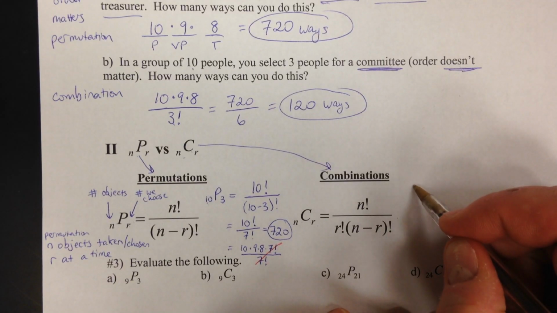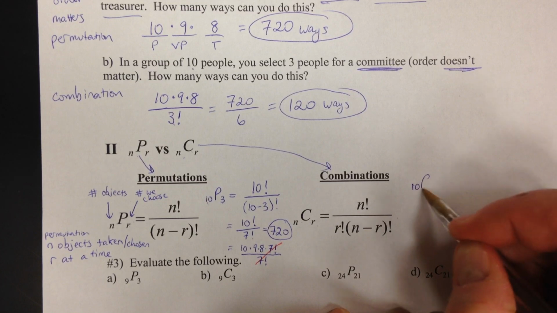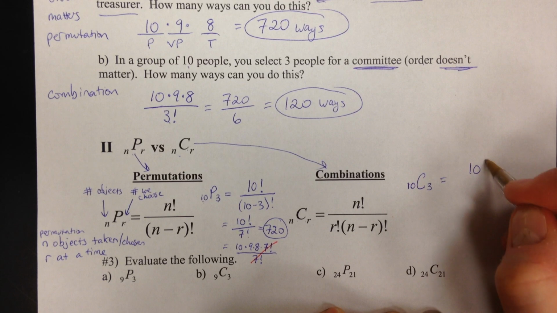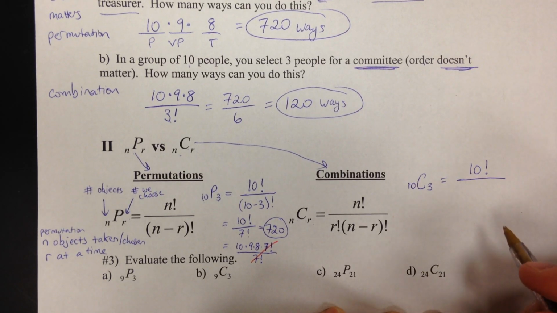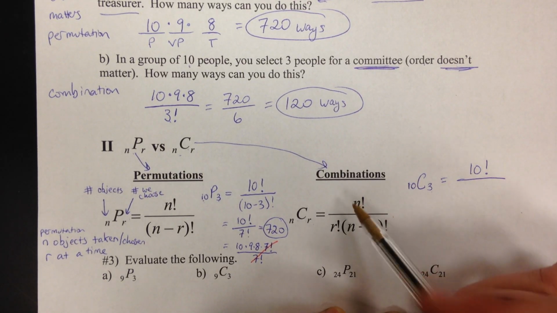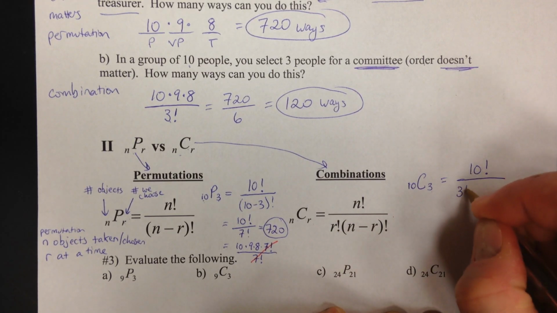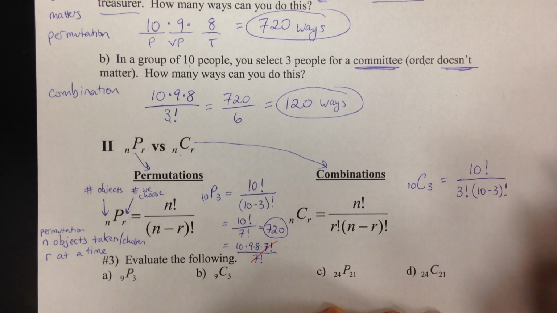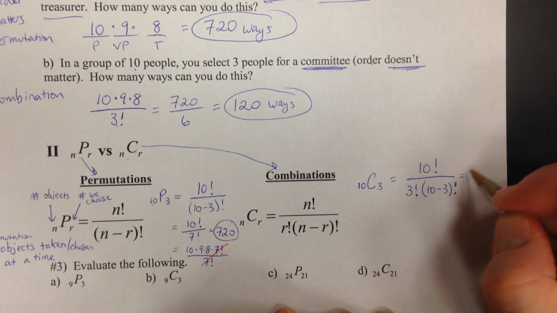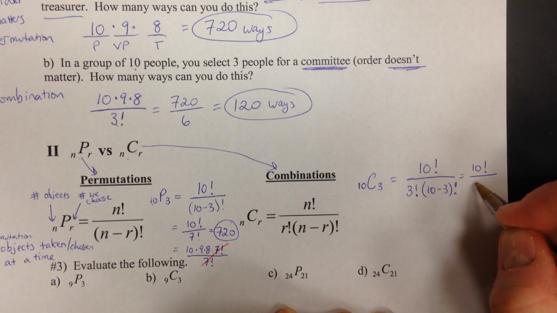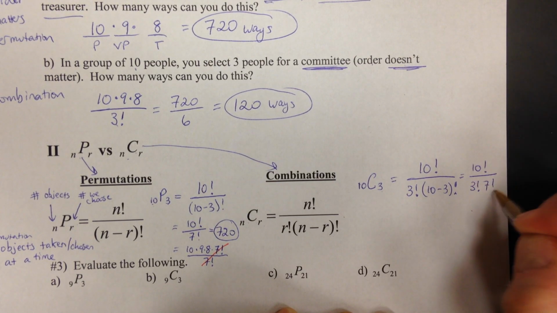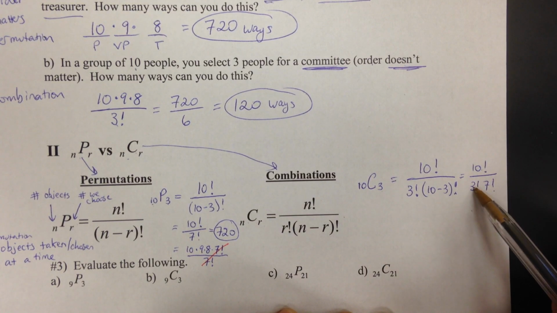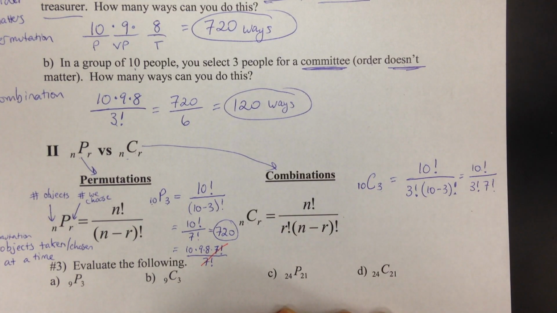So if we do a combination of 10 objects and we choose 3, it would be 10 factorial over, now the r value is 3, so 3 factorial times 10 minus 3 factorial. Now we can simplify. That's 10 factorial over 3 factorial times 7 factorial. So really, it's the same setup as the permutation, but then we're also dividing by 3 factorial.